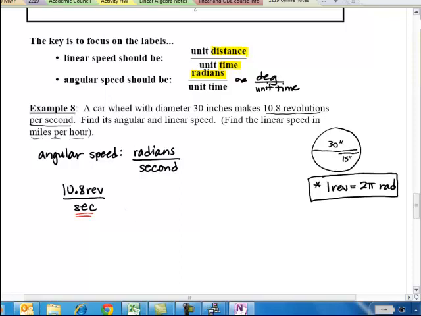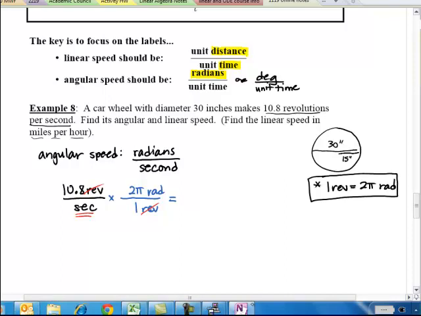So we'll multiply by 2 pi radians per revolution. Just using dimensional analysis, we can get the right units to cancel out. And now we've got 10.8 times 2 pi radians per second.